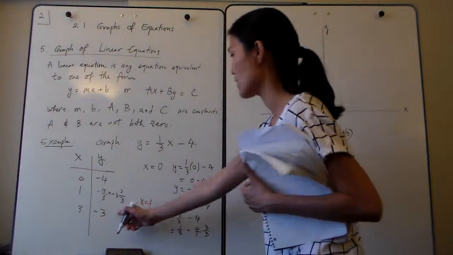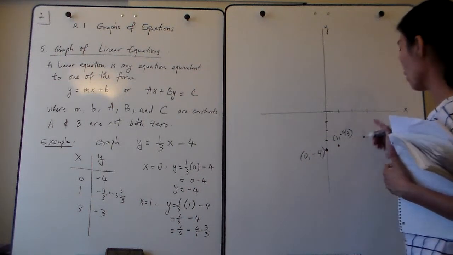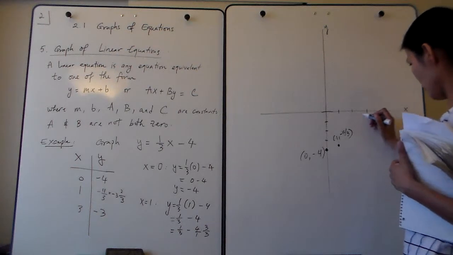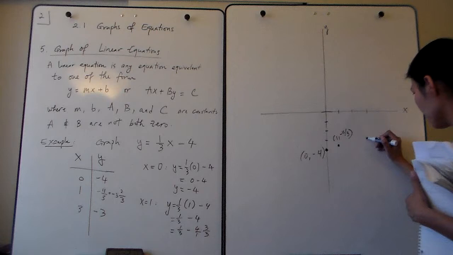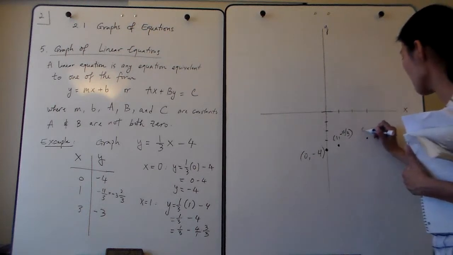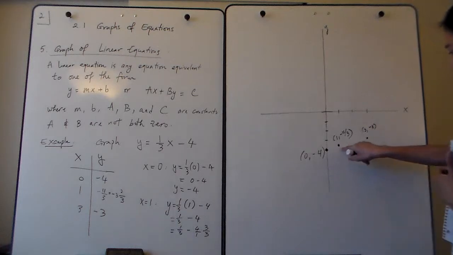And the last point we have is x equals 3. 1, 2, and 3. And it goes down 3. So 1, 2, 3. Somewhere here. So this point is 3, negative 3. Now, not bad, right? You see the pattern?